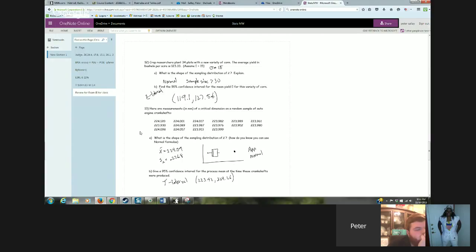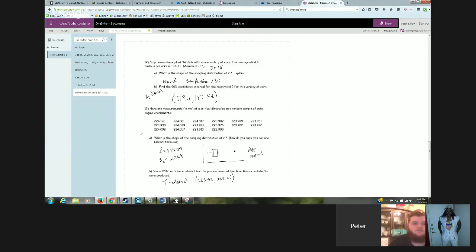In number 12, they told us there were 34 of them, so the sample size bigger than 30 would kick in, and I could say it's normal because of the sample size being bigger than 30. However, in number 13, they didn't give me 30 numbers. They gave me less than that. So in order to say that it's normal, I have to show a box plot that indicates that the data is approximately normal.